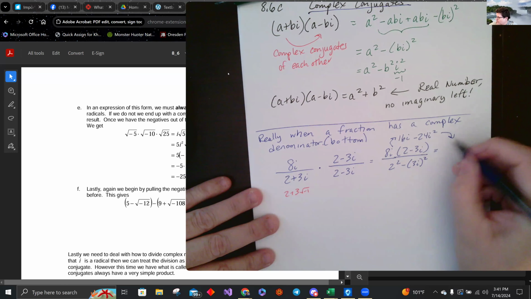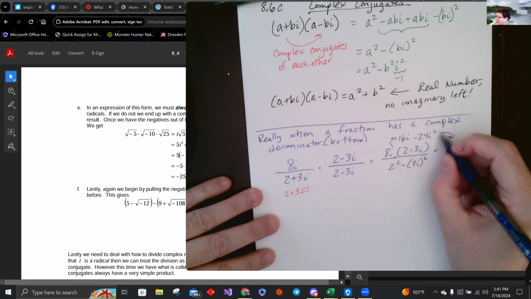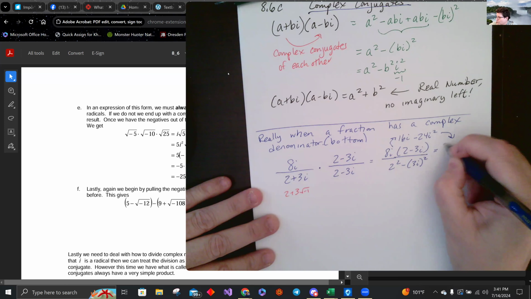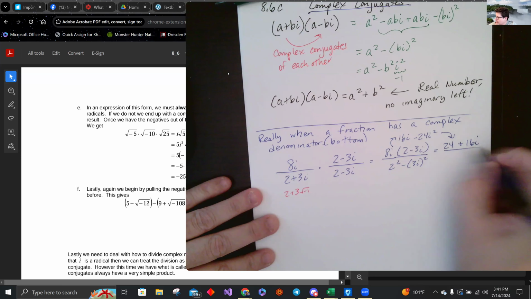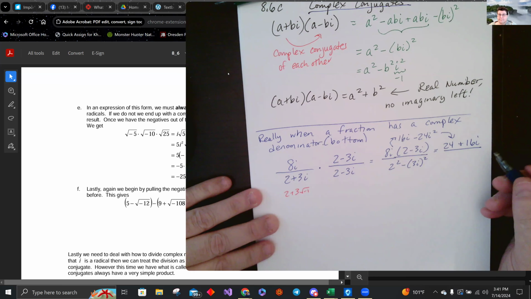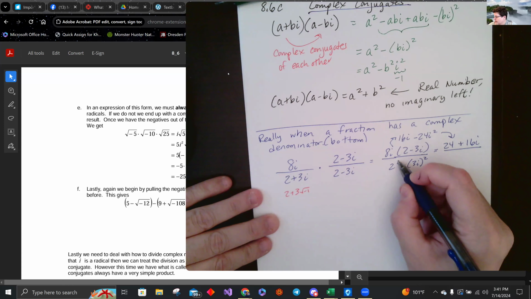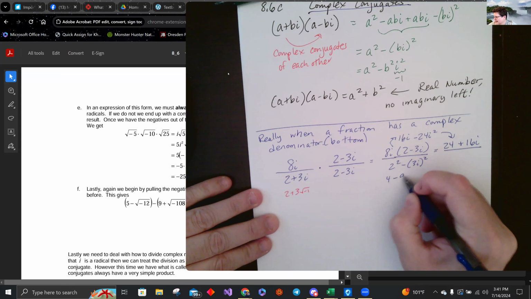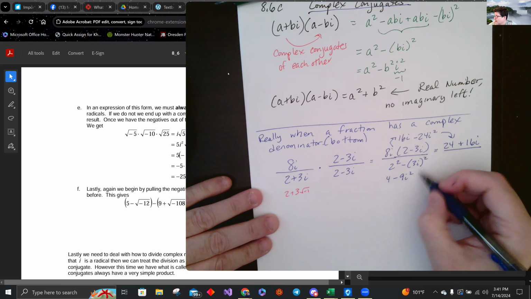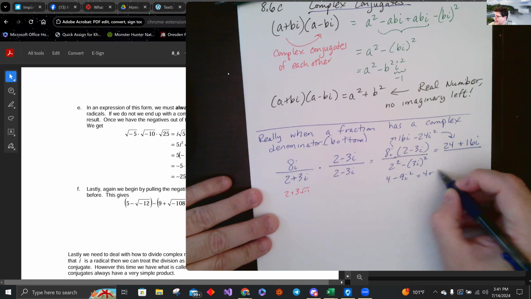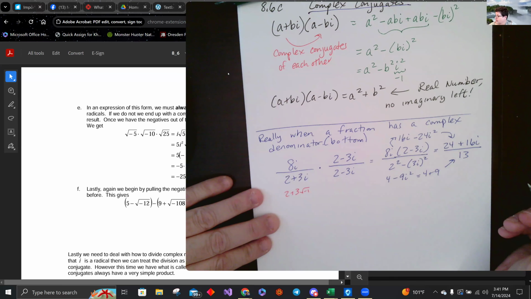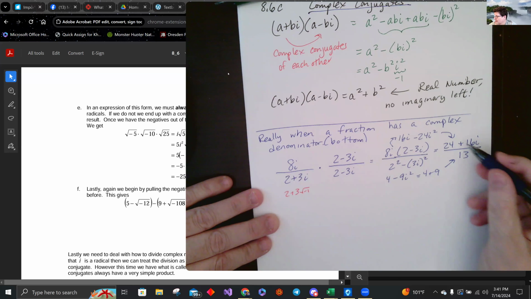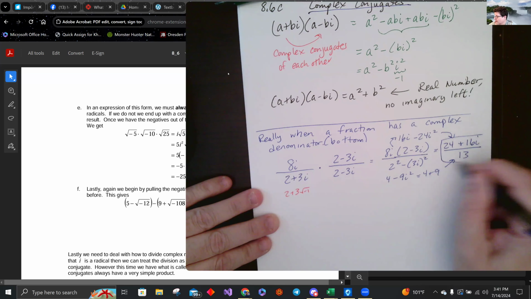And that ends up giving me, i squared is -1, -1 times -24 makes the 24 positive. I got 24 plus 16i on top. Down here, I've got 4 minus 9i squared. And again, we've got a -1 situation. This is 4 plus 9. 4 plus 9 is 13. And this doesn't simplify, so that's our answer.